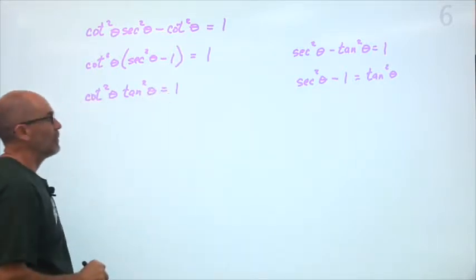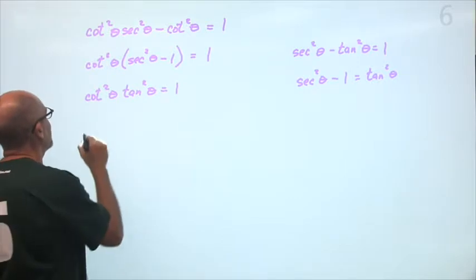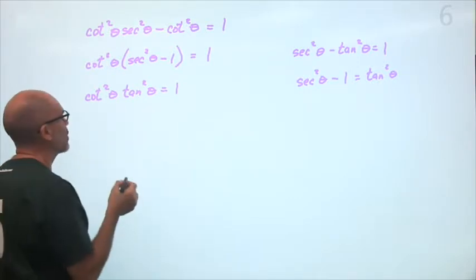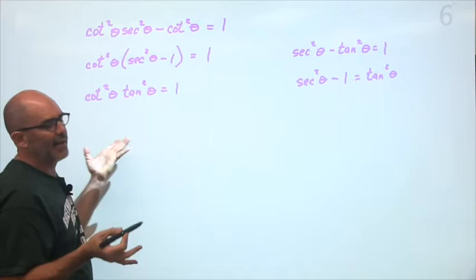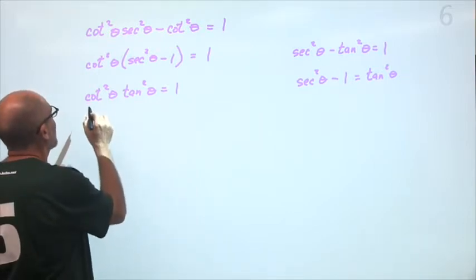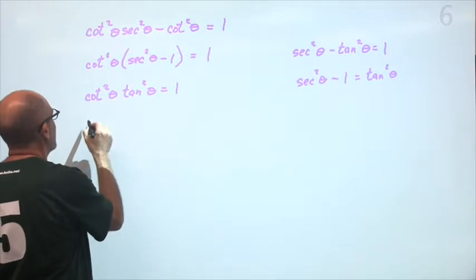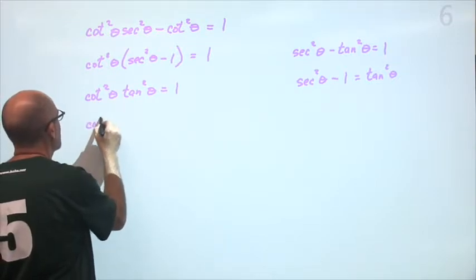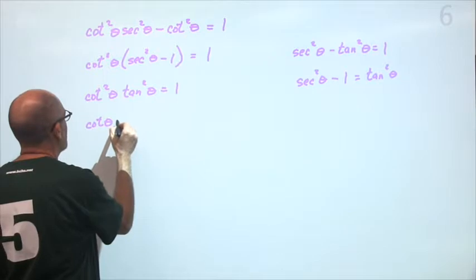All right, now what I have is cotangent squared. This really is finished at this point, but just to make sure it's completely clear, cotangent squared is cotangent times cotangent.